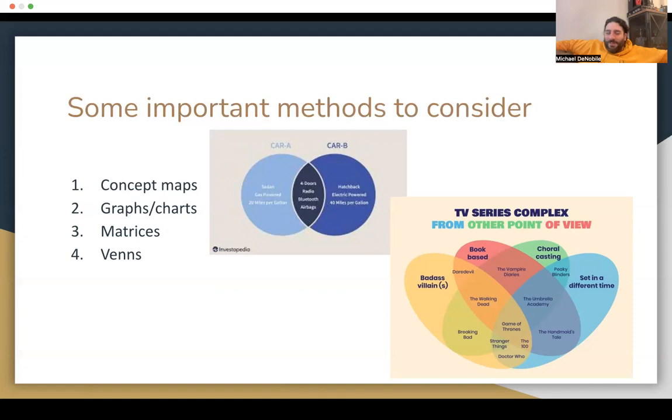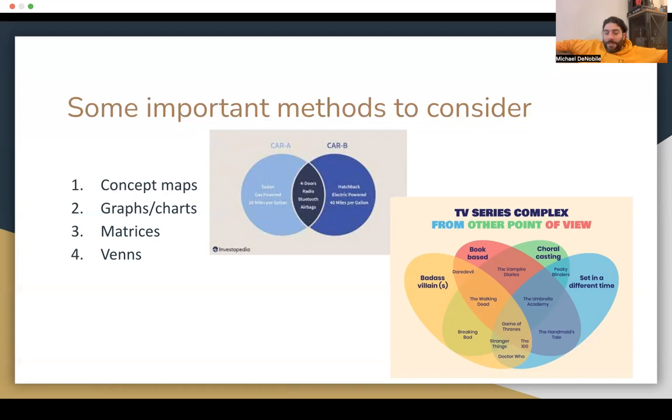So the bottom right corner is TV series complex from another point of view. And this Venn diagram has 1, 2, 3, 4 oval shaped Venns, I guess we can call them. They're overlapping concepts. In this case, the overarching concepts are being set in a different time, having choral casting, based off of a book, and having badass villains.